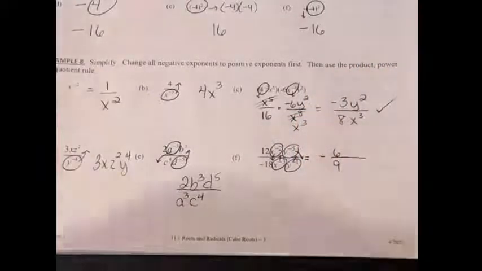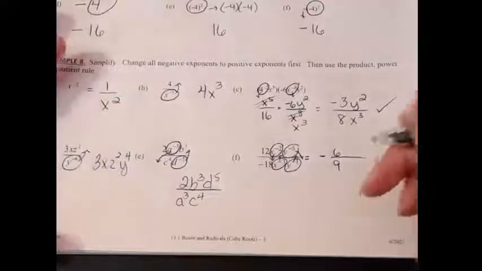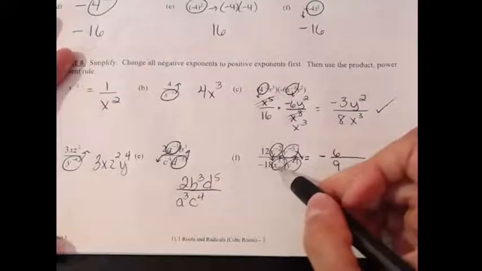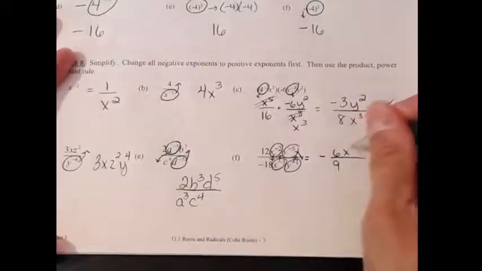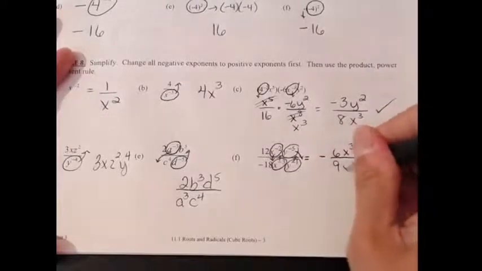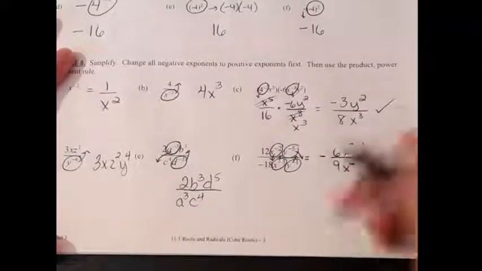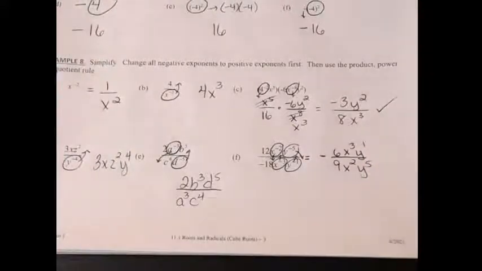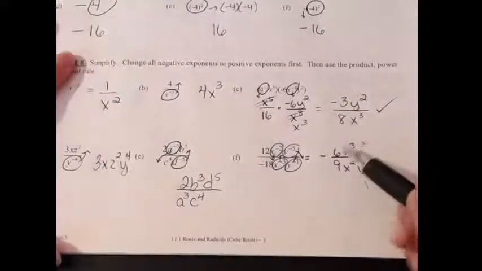When we shift the base with that power, the power then becomes positive. So rewriting, I notice that I now have in my numerator an x to the positive 3 and a y to the positive 1. In my denominator, I have an x to the positive 2 and a y to the positive 5. So far, so good, but I definitely need to reduce further.